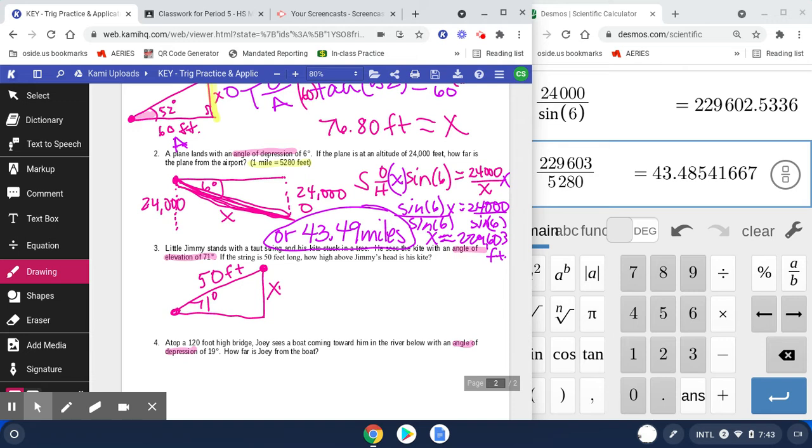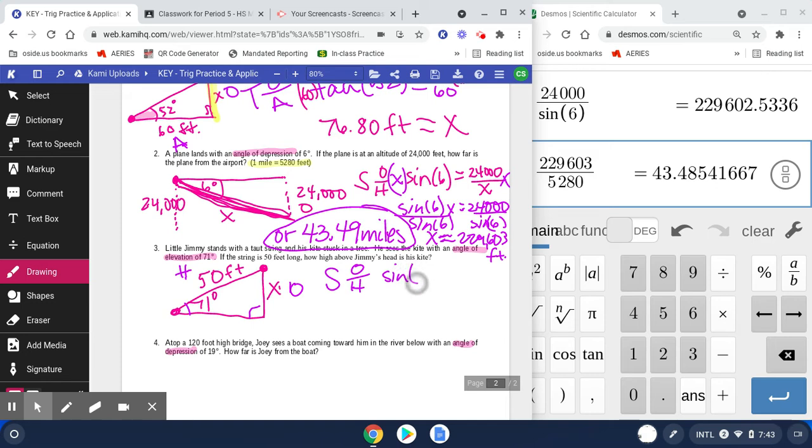And so we're going to go with an opposite here. This is our opposite leg in reference to the 71 degree angle. And this right here is your hypotenuse. So which trig function uses an opposite and a hypotenuse? You got it. That's our sine function.